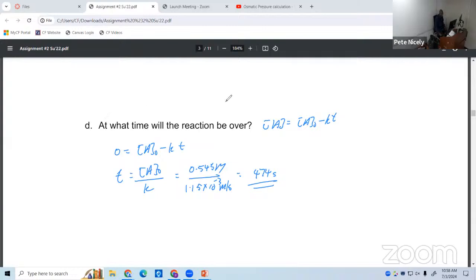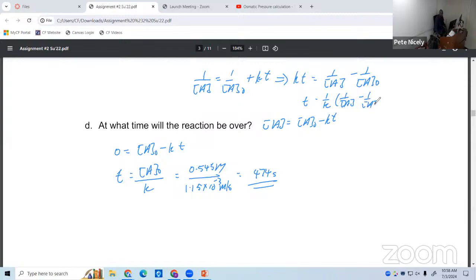Okay, so for second order reaction, the equation is 1 over the concentration of A is equal to 1 over the concentration of A0 plus KT, right? So let's rearrange this. KT is equal to 1 over the concentration of A minus 1 over the initial concentration of A. Right? So T would be equal to 1 over K times 1 over concentration of A minus 1 over the initial concentration of A. Now, in this case here, if A is equal to 0, this would be infinity.